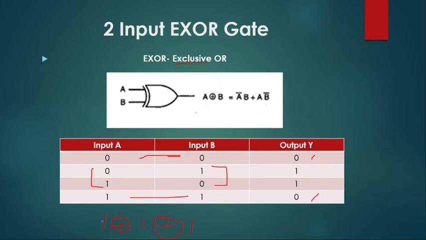Now, if we simply say for XOR, if the inputs are the same, it gives you 0, and if the inputs are different, it gives you 1, but it also has some terms and conditions applied. That is why it is known as exclusive OR.